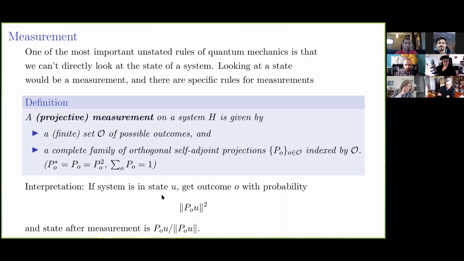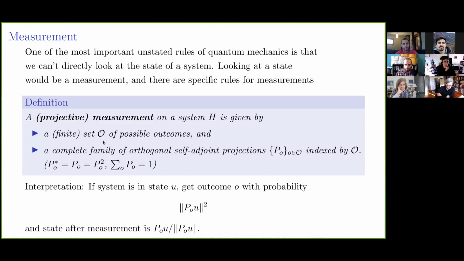So if the system is in state U, we get outcome O with a probability which is the norm squared of P_O times U. Because this is a projection, that's the inner product of U with P_O U. And the sum over these numbers will be the norm squared of U, and the norm squared of U is 1. That's why we required U to be a unit vector. So this is a probability distribution on the set O.